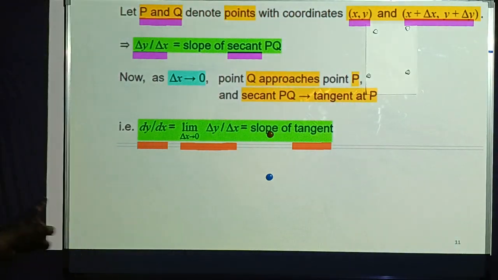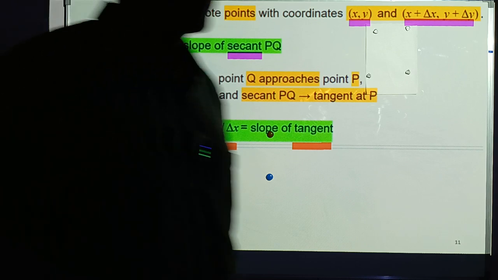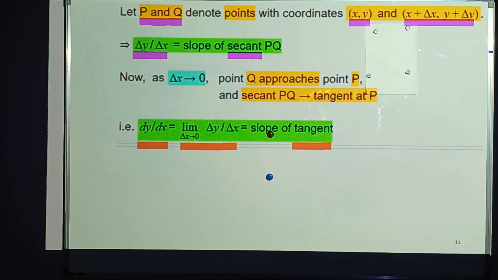So P and Q denote points with coordinates x comma y and x plus delta x comma y plus delta y. So delta y by delta x is slope of the secant which joins the point P and Q. And in the limit delta x tending to 0, the point Q approaches the point P and the secant becomes tangent at point P. Secant is defined between 2 points P and Q. Tangent is defined at any point.